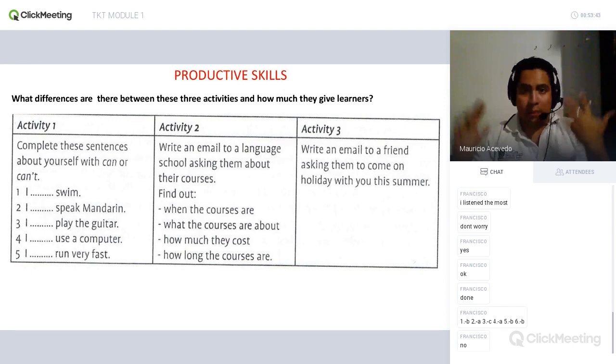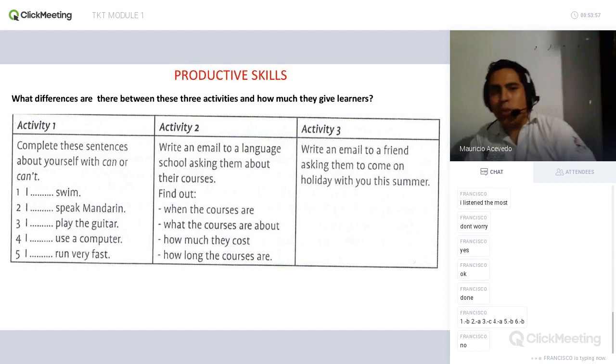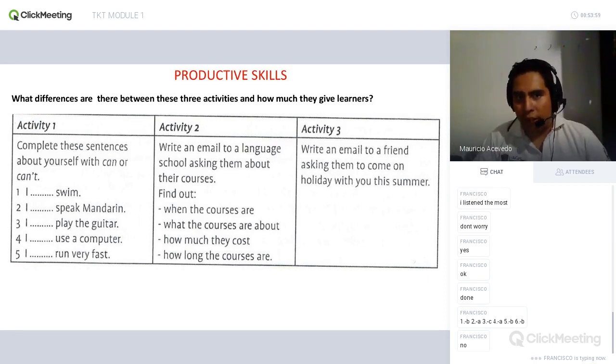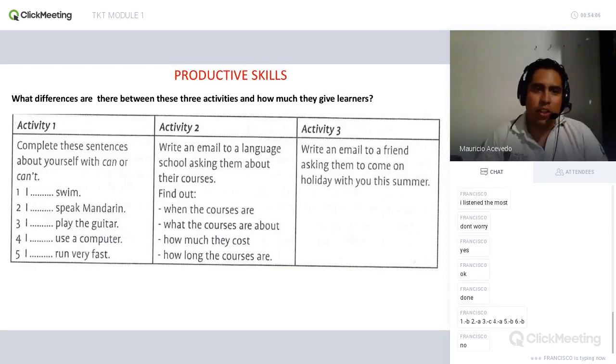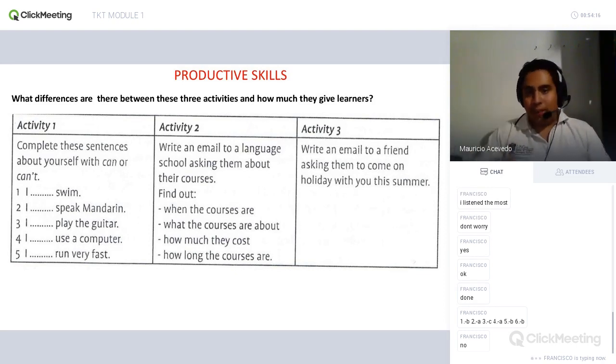Have a look at them and type me in very short words what you think is the difference. You might say, for example, activity one is more focused on form, and activity two is more focused on vocabulary. And how much freedom do they give to the learners? For example, in activity one, maybe the student just listens and completes, so he doesn't have freedom. But in number two, he does have freedom because he just uses the language.